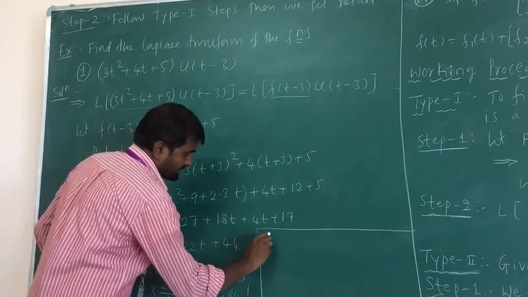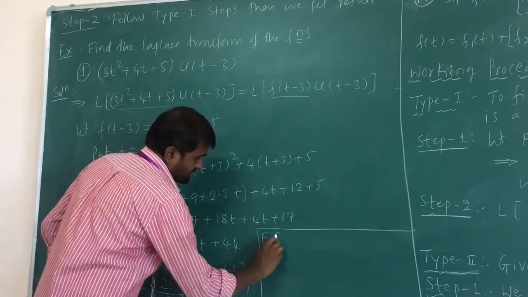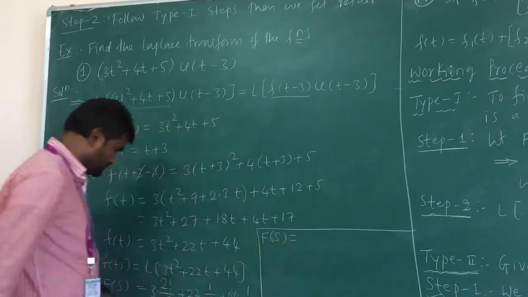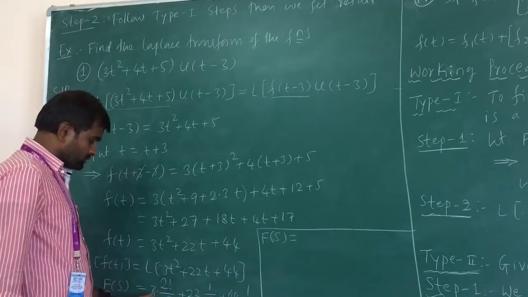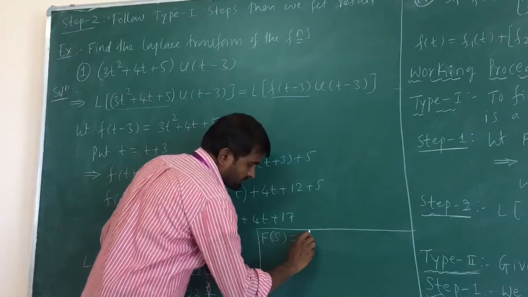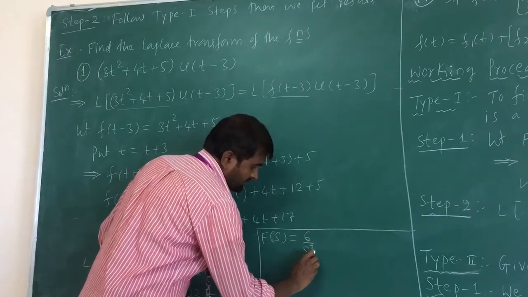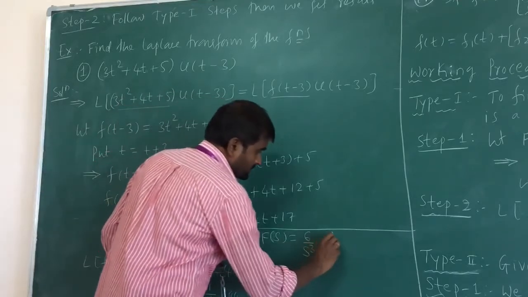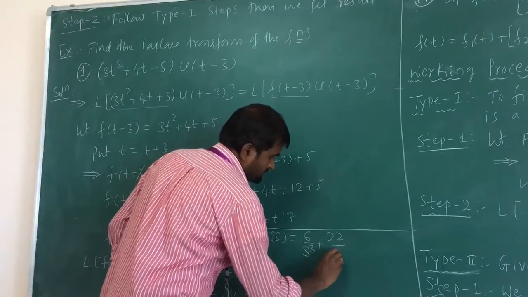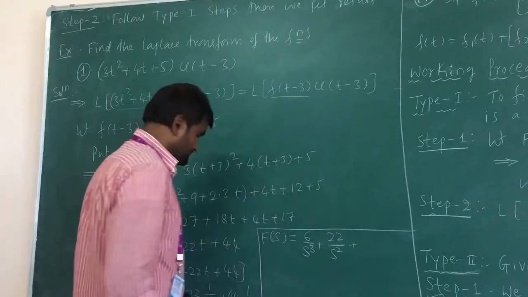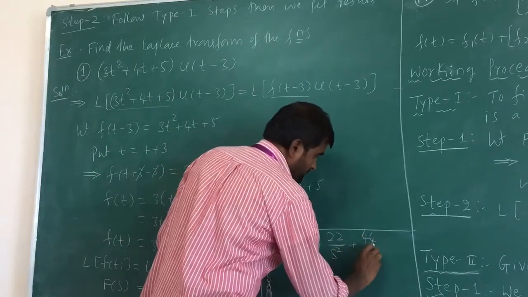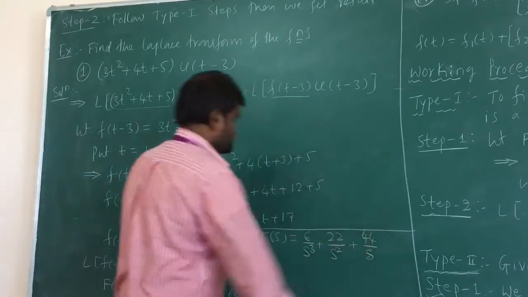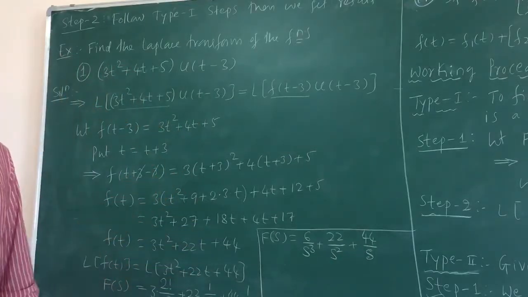Finally, f of s is equal to 2 factorial is 2, 2 into 3 is 6 by s cube, plus 22 by s square, plus 44 by s. This is the f of s.